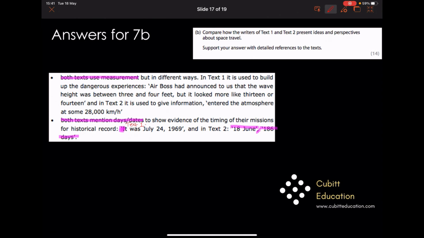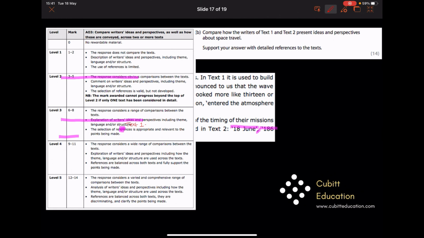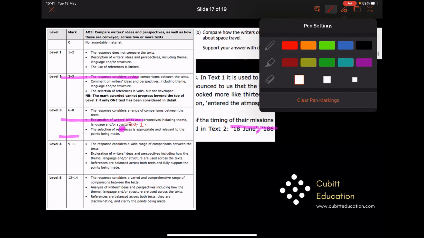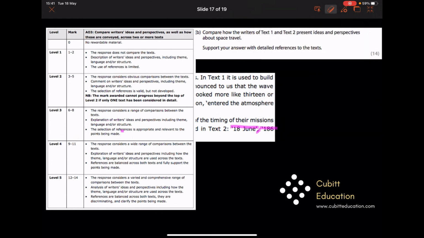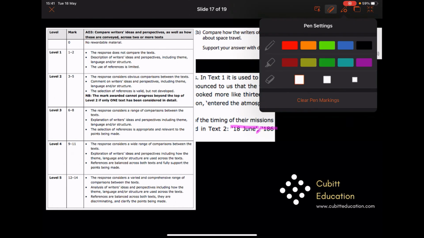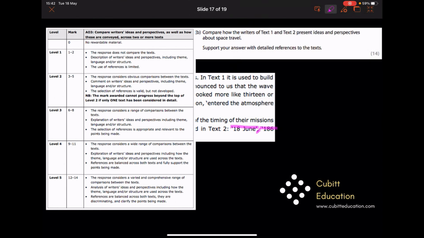Now, in the mark scheme just here, if we look at level 5, because this is what we want really, isn't it? The response considers a varied and comprehensive range of comparisons between the 2 texts.